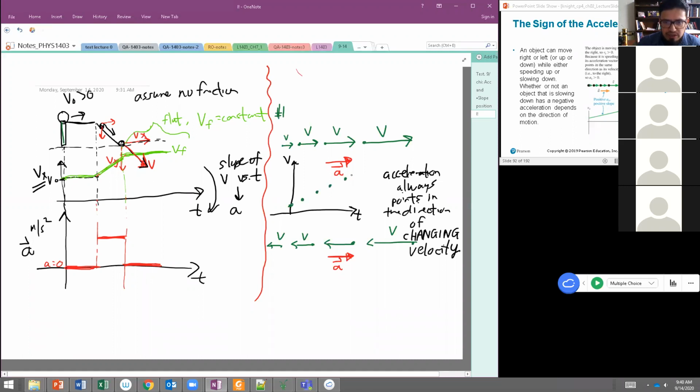So in that case, we're tracing this line that has a constant slope that's positive, which is what the drawing indicates.